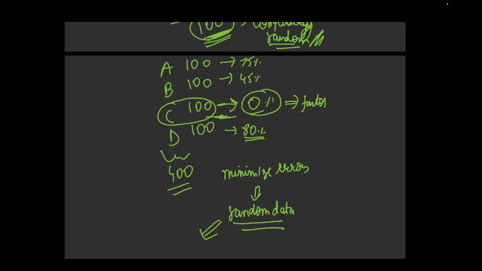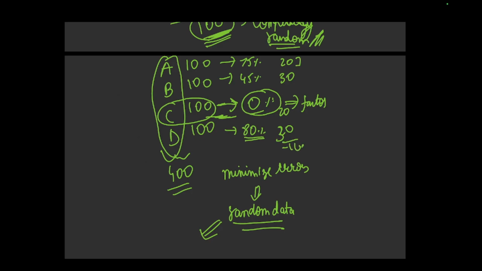Now we have the freedom to take random data from all of these classes, and I will not take all the students from C. I will take 20 students from A, 30 students from B, 20 students from C, and 30 students from D. So now these are the 100 students.